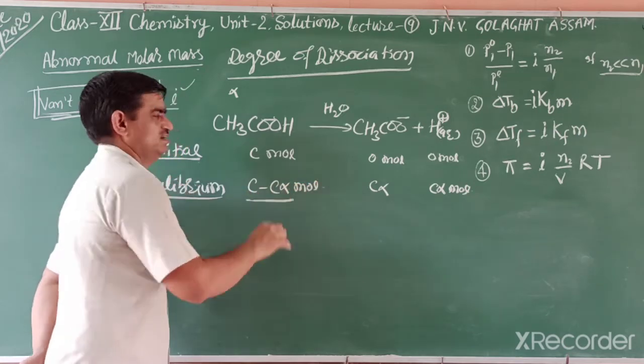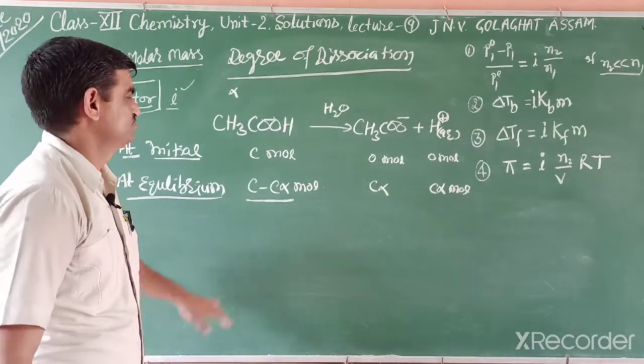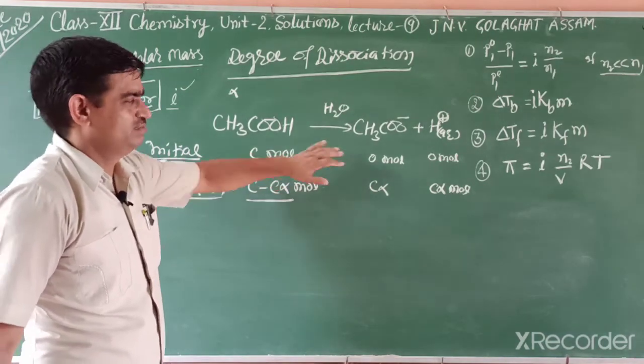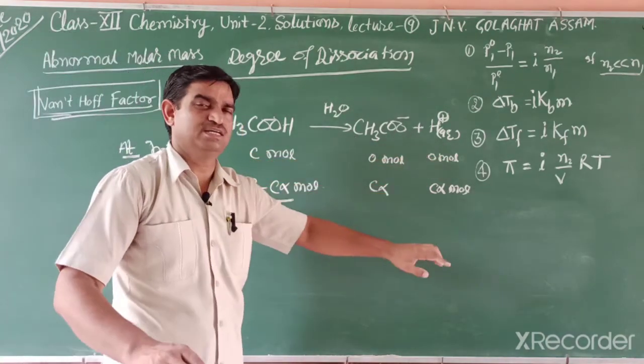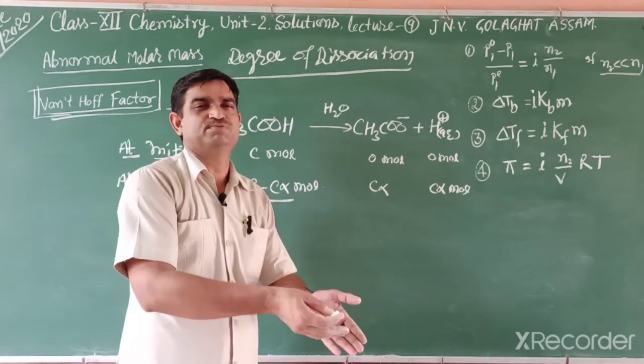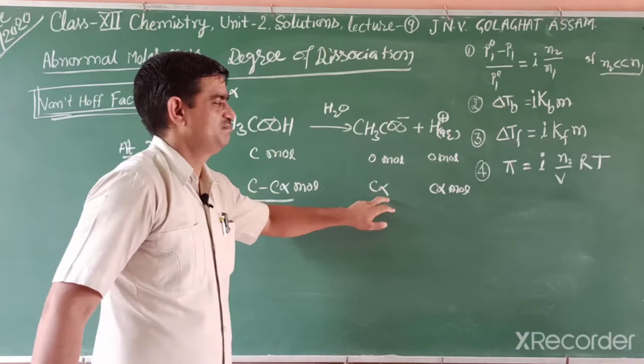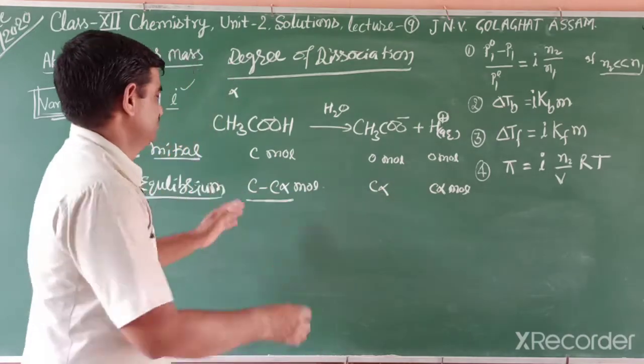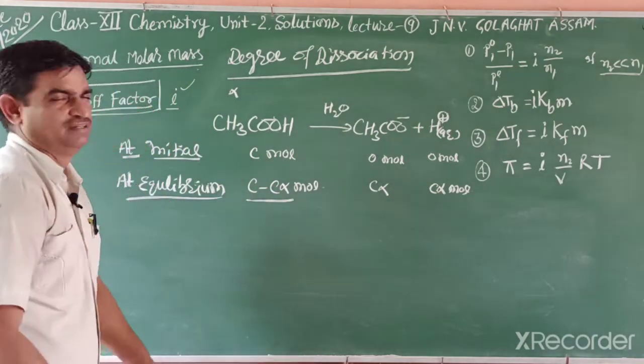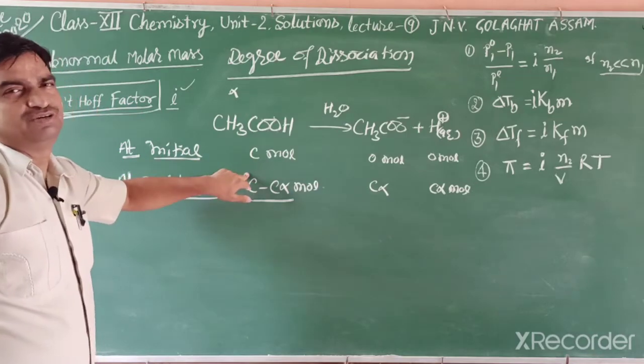So that's one at equilibrium. This initial mole is at time 0. After some time, 10%, 20%, 30% dissociate, then C alpha mole is formed, and this is C minus C alpha. You already studied that in 11th class.